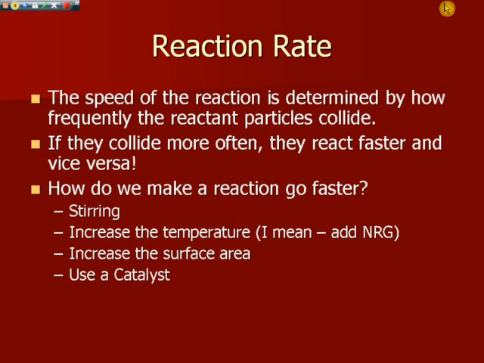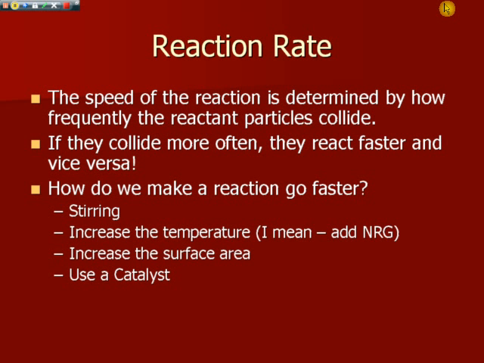Now, a catalyst is a specific substance, like a protein in your body, for example, that participates in the reaction as a facilitator. A protein in your body, for example, will grab one molecule in the reaction and grab a different molecule in the reaction, and it will slam them together in just the right conformation and speed so that that reaction can actually take place.